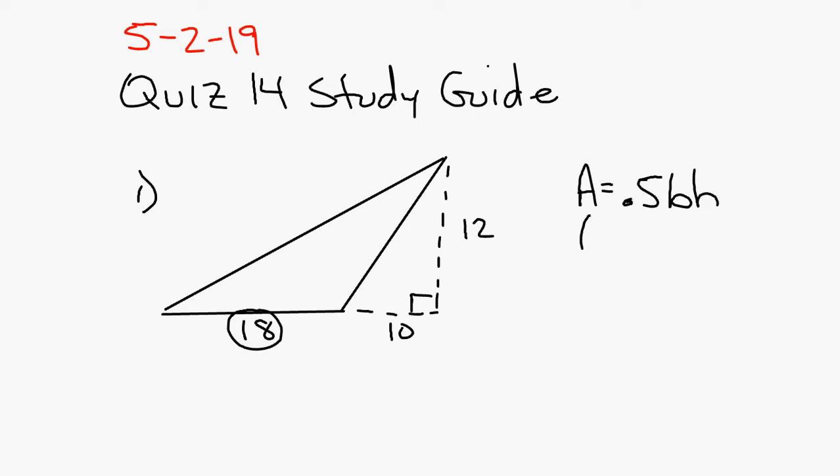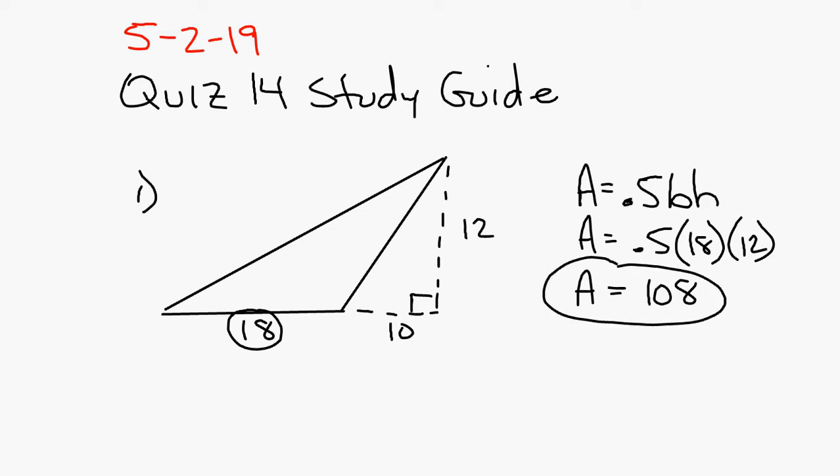So the area is equal to 0.5 times the base, which is 18, times the height, which is 12. So 0.5 times 18 times 12 is 108. Area equals 108. There's the first part of the problem.